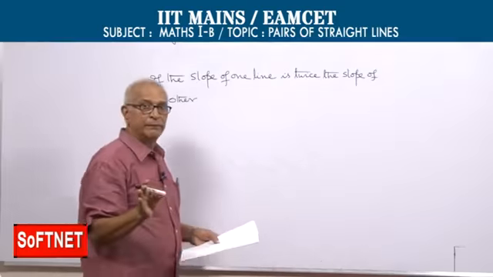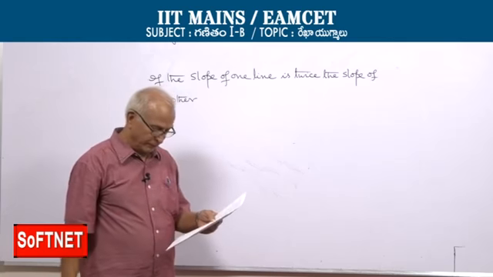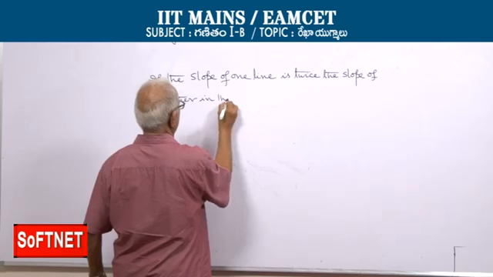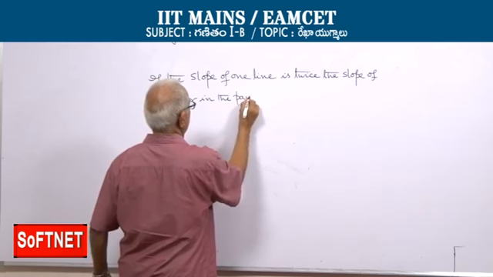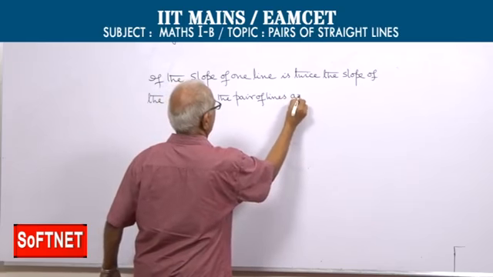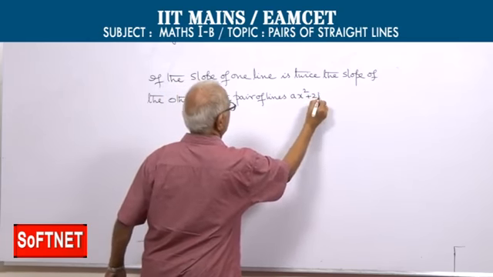Slope of one line is twice the slope of the other in the pair of straight lines ax square plus 2hxy plus by square equal to 0.